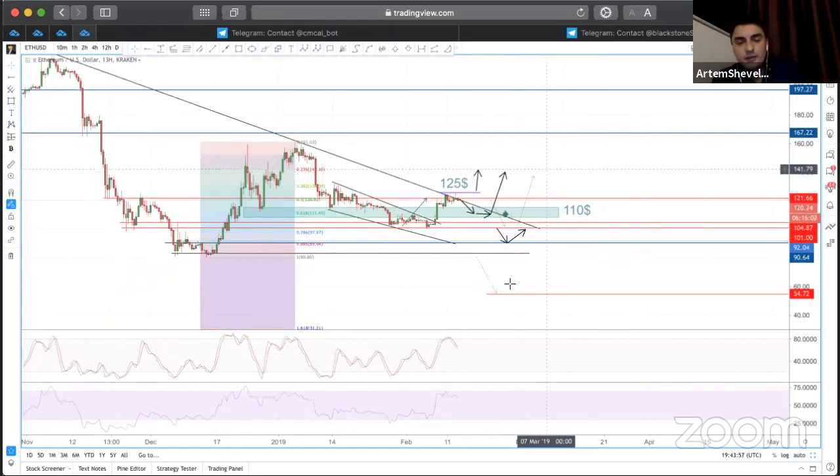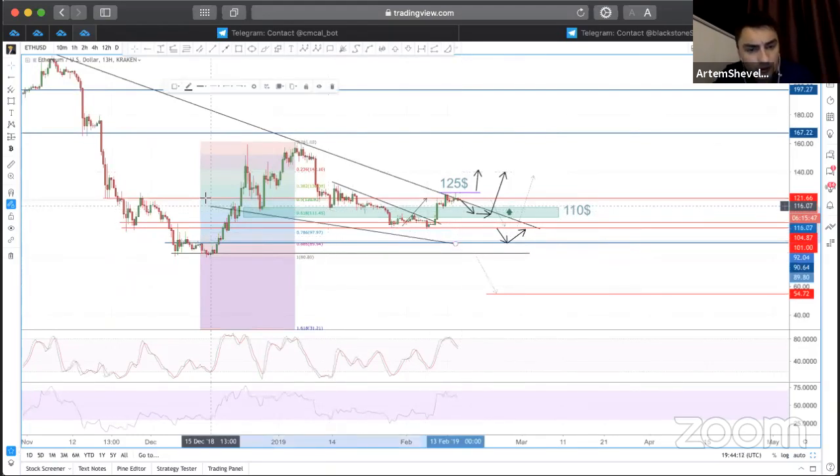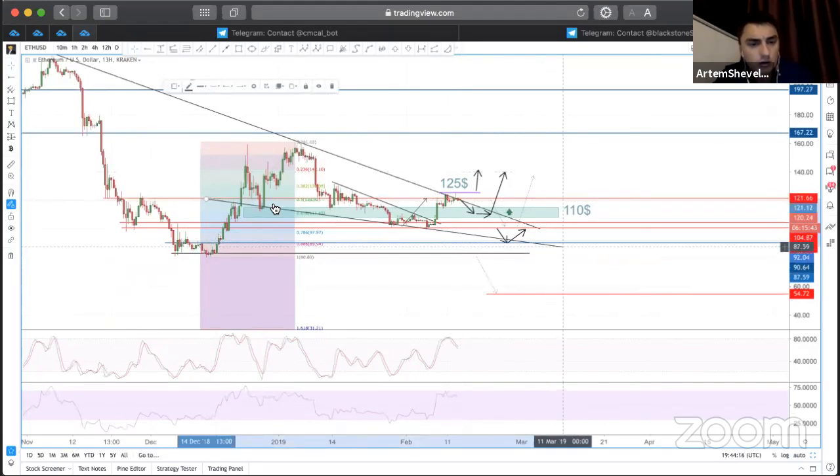So from Ethereum, I think this is probably pretty clear, and right now it's still in this triangle, still nothing really clear here. So I'm trying to find another support here. Okay.